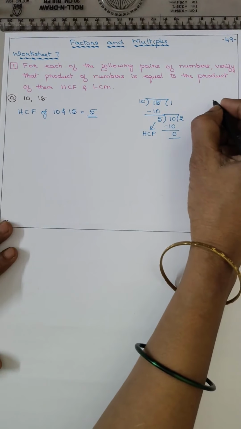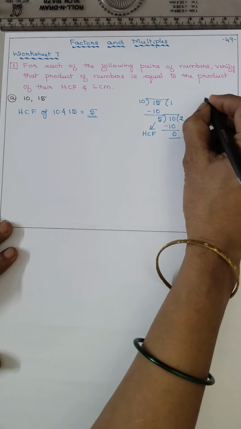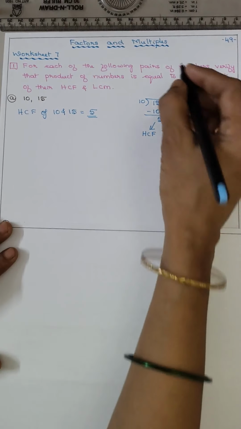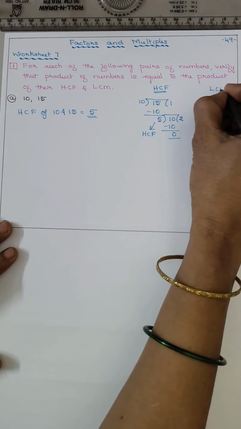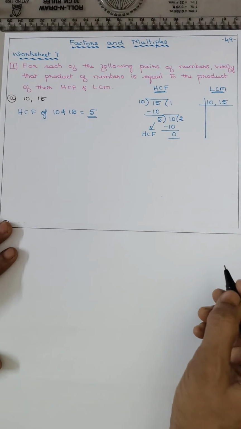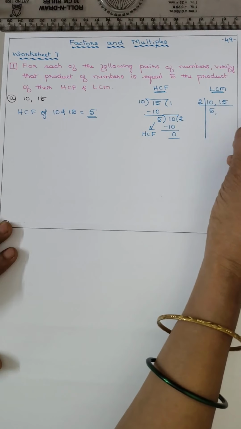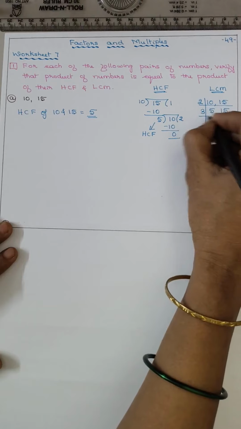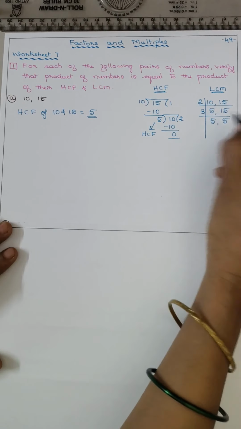Now LCM, how to find? The common division method, isn't it? This is the continued division method for HCF, and for LCM it is the common division method. Okay, start with 2: 2 5s are 10. Now 15 as it is. Now next is 3: 3 5s are 15.